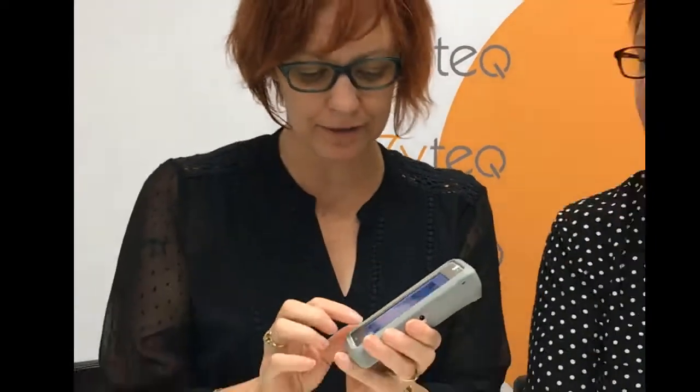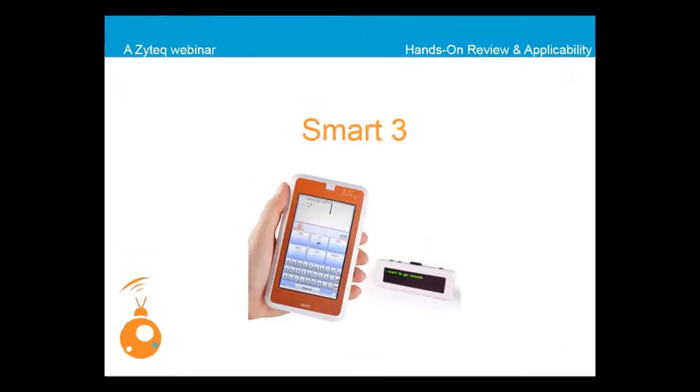And now you have those in your own personal photo album, and you can also use them in your communication grid sets as well. So to summarise, the Smart 3 is the smallest communication device available at just 300 grams, very portable and designed to be handheld, and really designed for people who want communication as the primary function in their device.